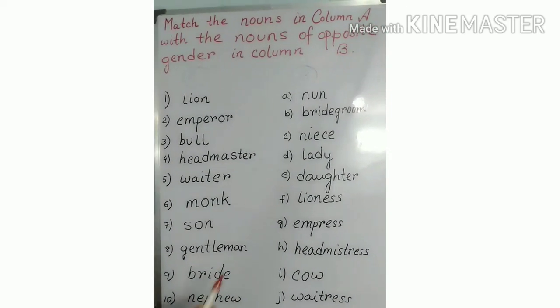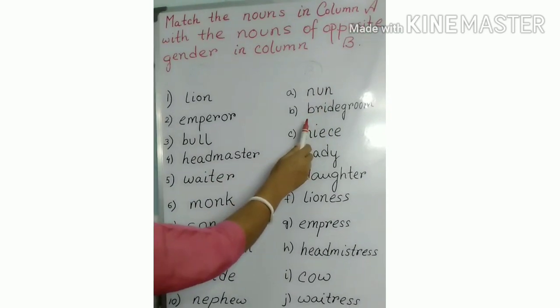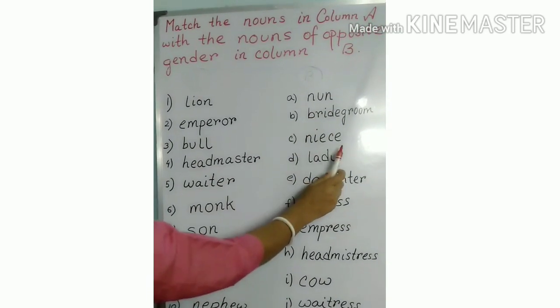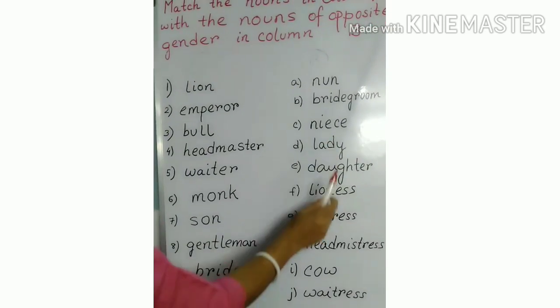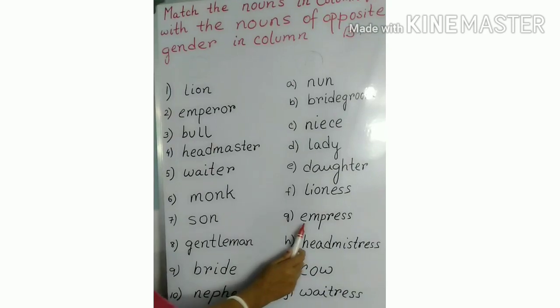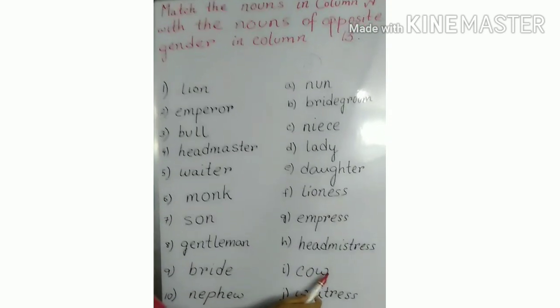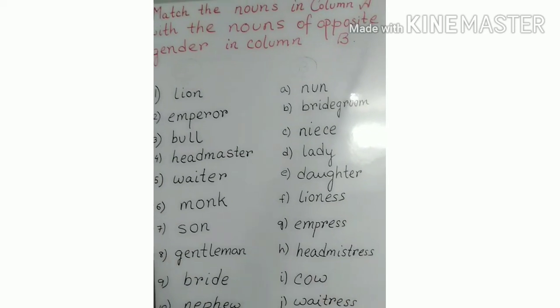Now let us see what we are having in column B. Nun, bridegroom, niece, lady, daughter, lioness, empress, head mistress, cow, waitress.